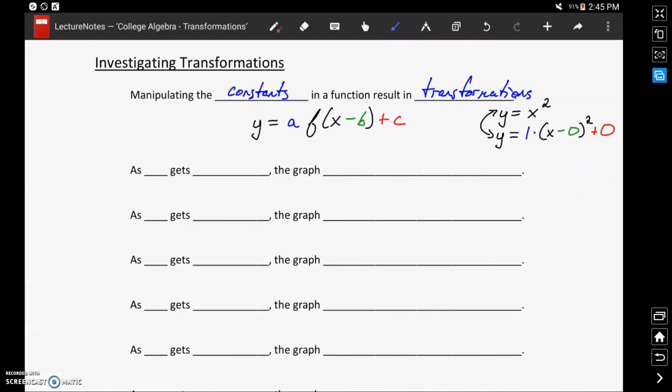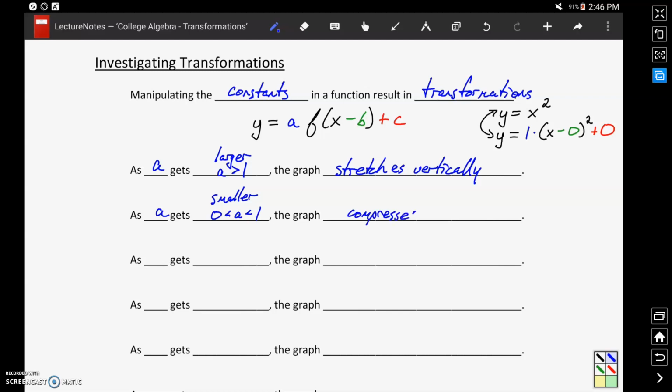So what we can see from looking at that initial set of changes is that as a gets larger, meaning a is some value larger than 1, the graph stretches in the vertical direction. And then as a gets smaller, which for right now we're going to think of as a between 0 and 1, the graph compresses vertically.